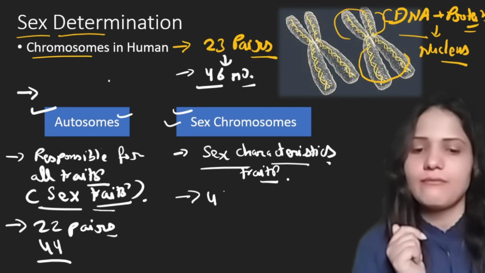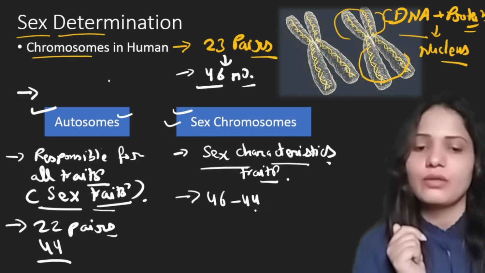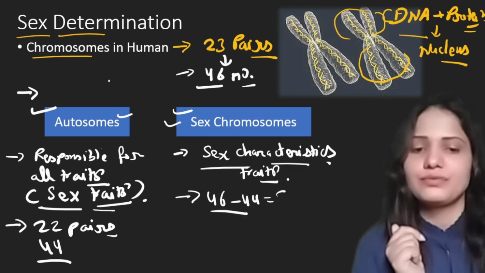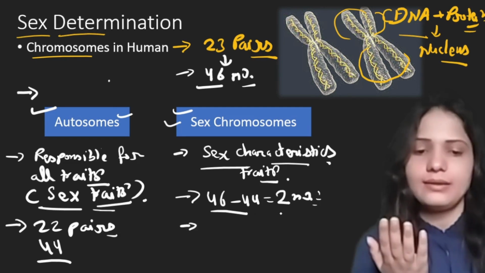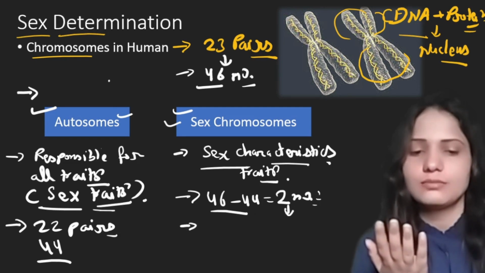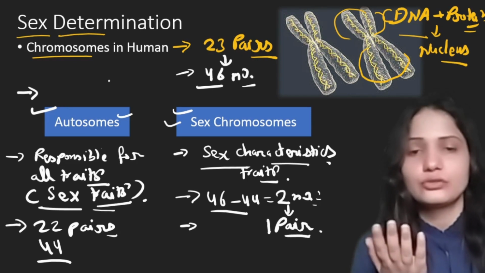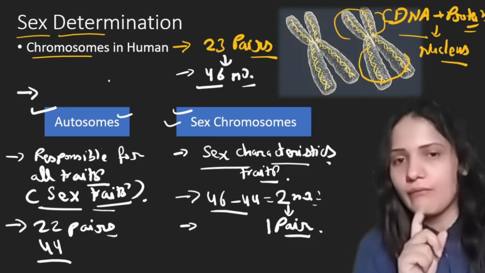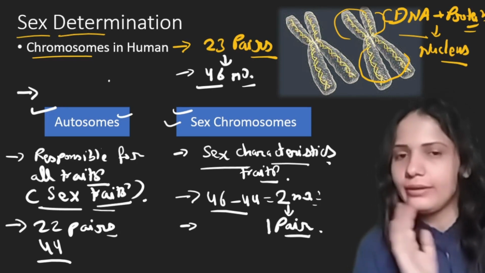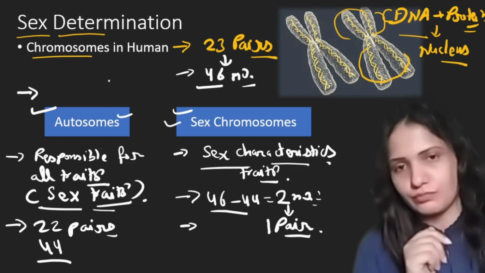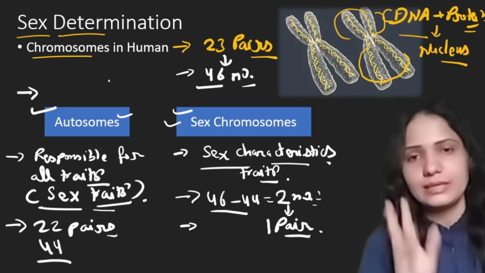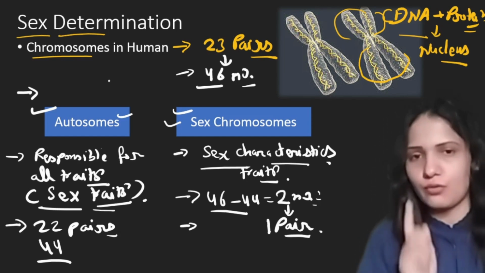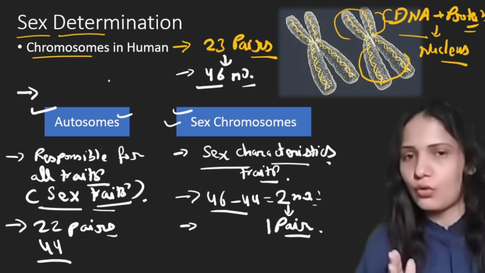So we have 46 minus 44, so we have two sex chromosomes and this will make one pair. So I can say that we have one pair of sex chromosome and 22 pairs of autosomes. You have to remember that we have one pair of sex chromosome and 22 pairs of autosomes.